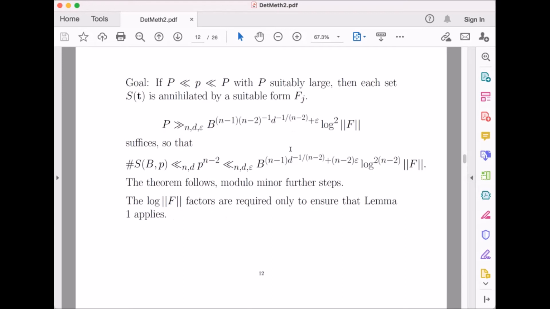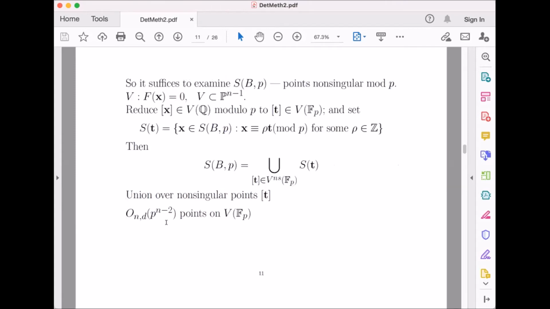Roger, is that bound p to the n minus 2? Is that a Schwarz-Zippel type upper bound, or what? Sorry, say that again. I guess on the previous slide, the bound in the last line, p to the n minus 2, for the number of points, is that Schwarz-Zippel, or is there any extra input? This is the trivial bound that you get. We're working in projective space.